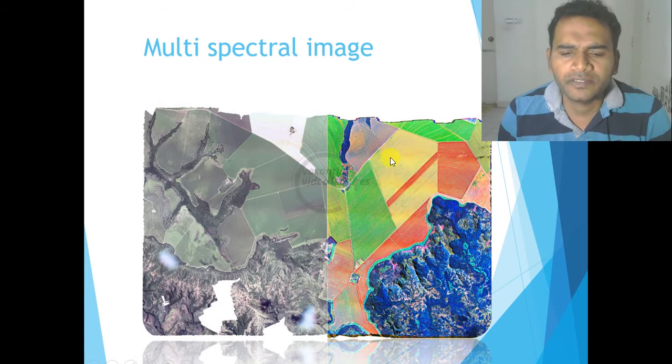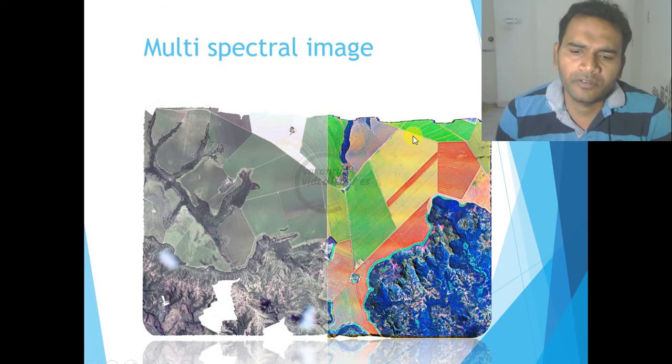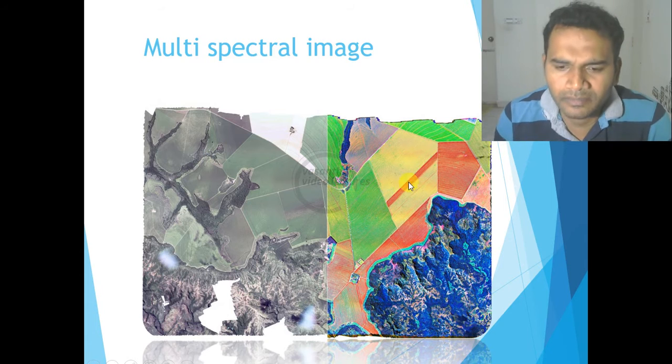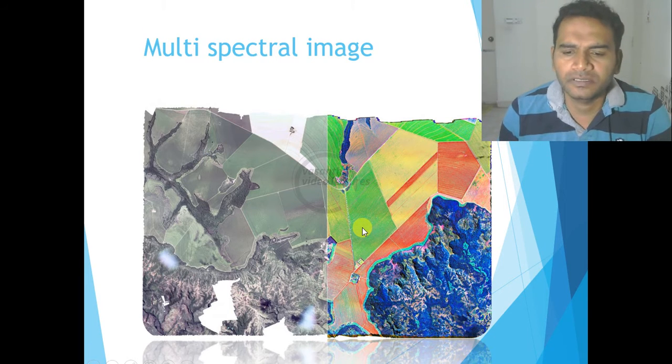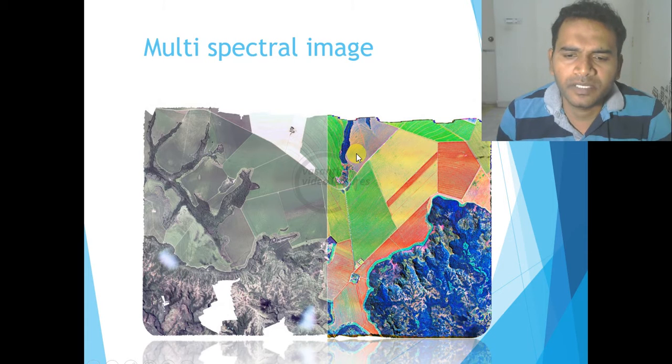You can visualize the same image being described using different spectral data. For example, this particular region of the crop is ready for harvesting, or this part is already harvested, this is yet to be harvested, and it is somewhere in the mid of certain region. This region is at a very initial stage of a crop, and this is the second stage of a crop, something like that.